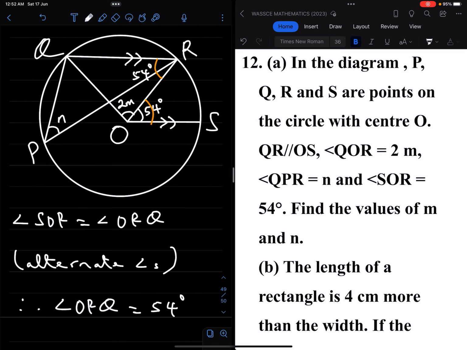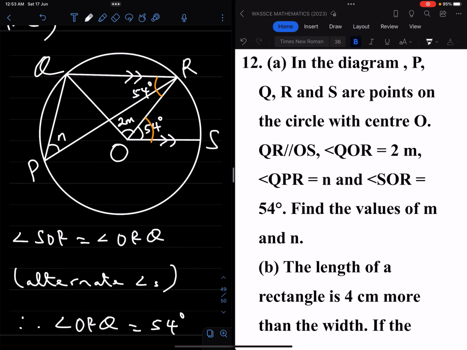Now I know that, what else do I do? I know that OR and OQ are radii. OR is a radius and OQ is also a radius. That means triangle QOR is an isosceles triangle.